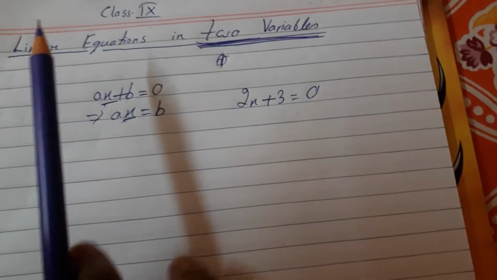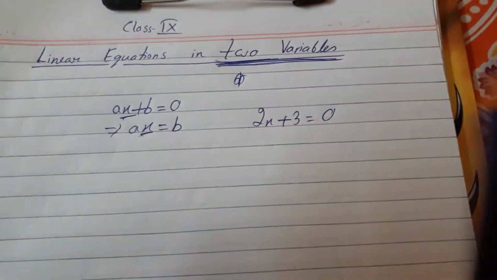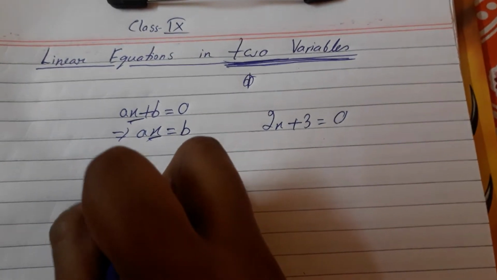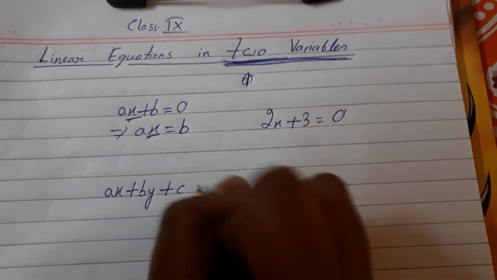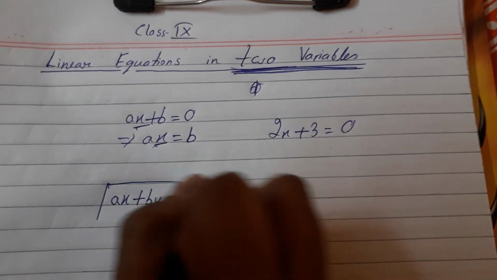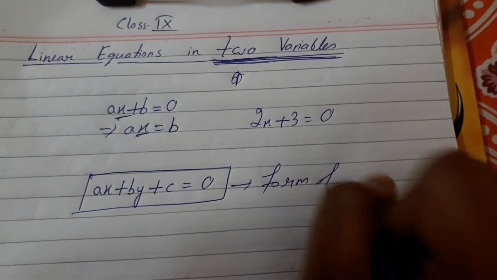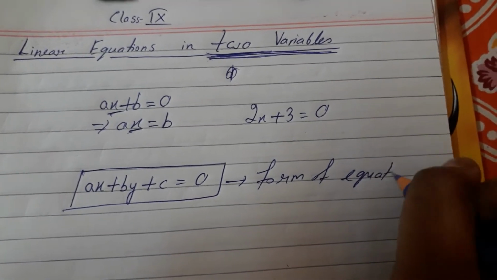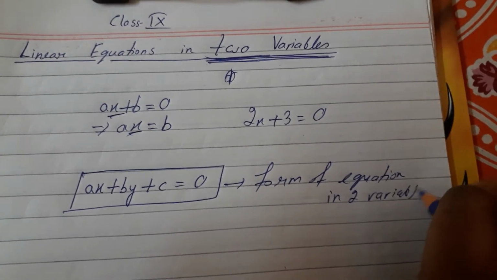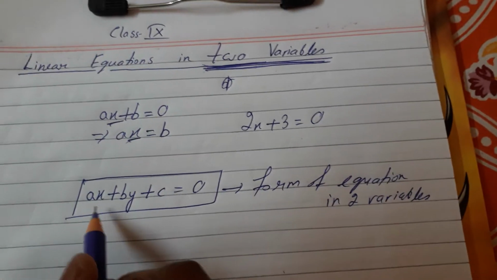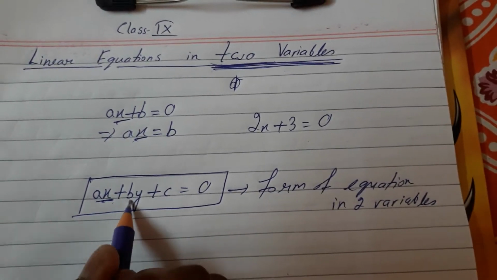So the form of a linear equation in two variables is ax plus by plus c equals 0. Students, you see here the two variables are present, one is x and one is y.